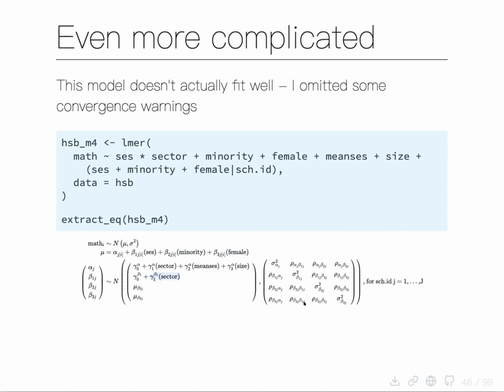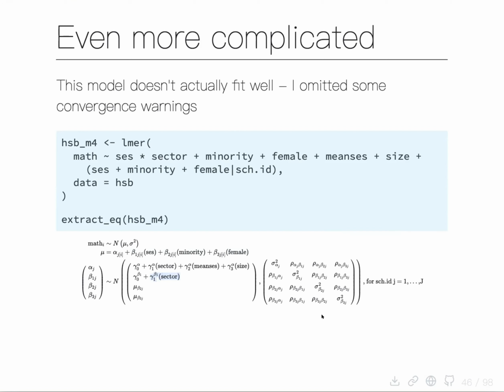And so when you see something like this, it makes more sense why this model is having a hard time estimating, right? Because you're not only estimating each of these variance components, you're estimating all of these covariances as well. And that's just a lot to estimate, because now you're estimating random deviations for every single school for SES, minority, and female, as well as the way that those things go together.